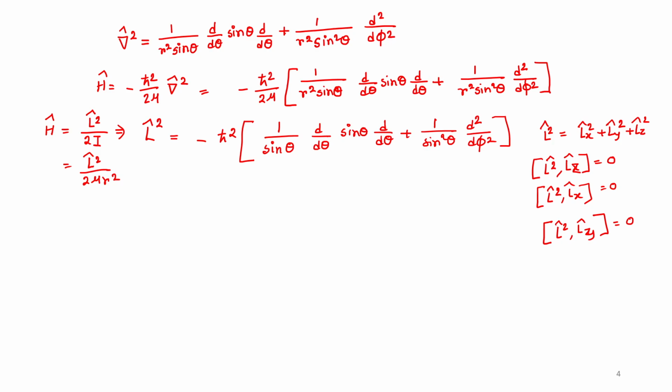The Heisenberg uncertainty principle comes in when they don't commute or don't have a common set of eigenfunctions. Because L square and Lz commute, we can simultaneously measure them. But we cannot measure Lx and Ly simultaneously because they don't commute.